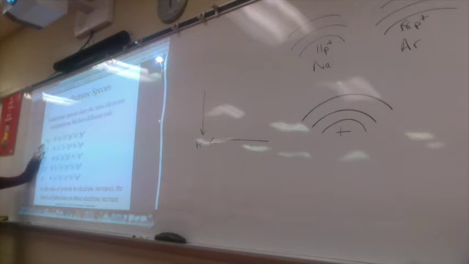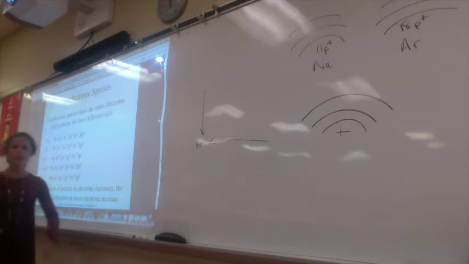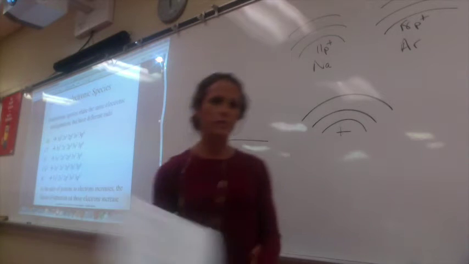However, these two will have different sizes. This is also isoelectronic, right? Isoelectronic, but all of these radii will be different. As the ratio of protons to electrons increases, the forces of attraction of those electrons increase. So you can compare all of these and rank them in order of which one has the largest ionic radii down to the one that has the smallest ionic radii. So let's look at the reasons why.